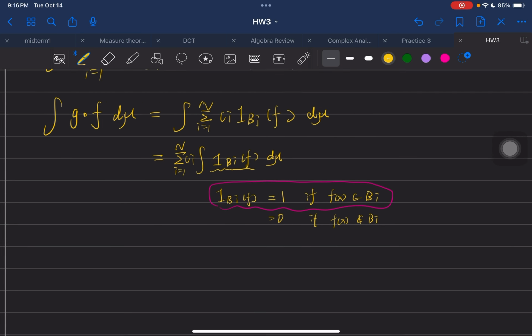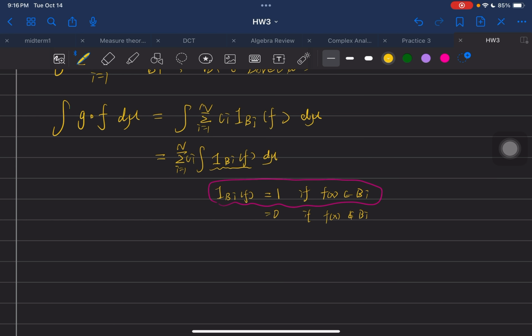So in that case, the expression would be just a summation of a bunch of constants.